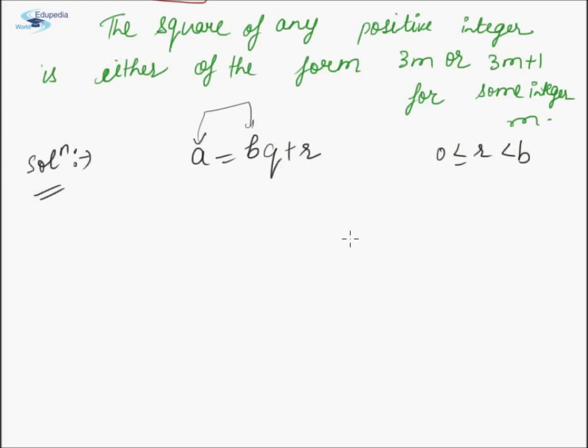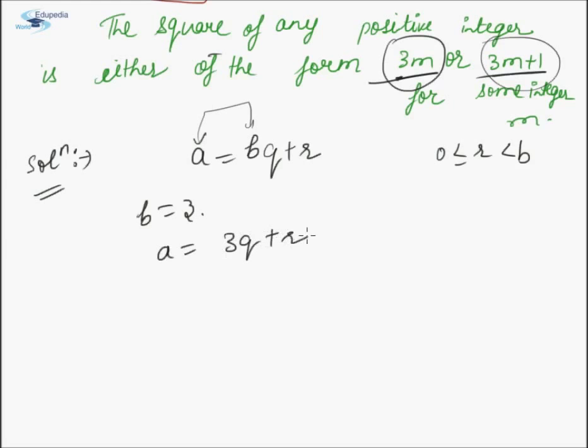Now since we need to prove that the square of any positive integer is of the form 3m or 3m plus 1, let the value of b be 3. Thus we will have a as 3q plus r, where r will have the value 0 or 1 or 2.